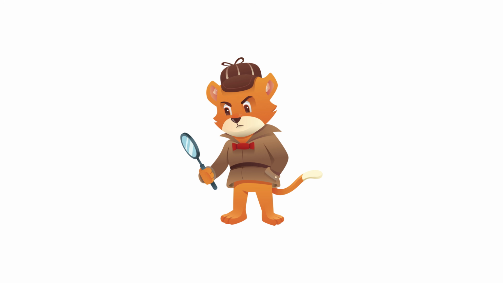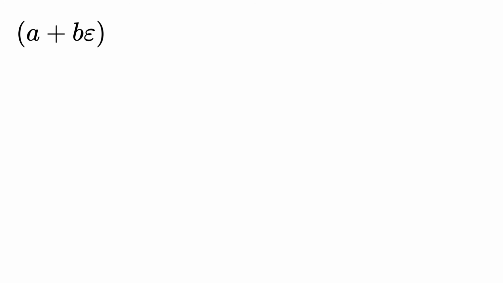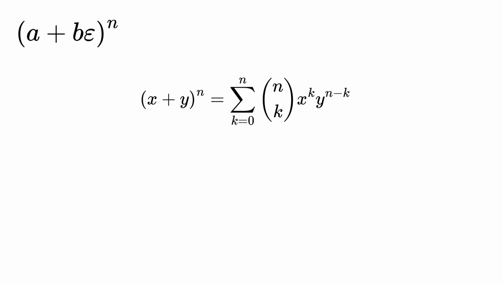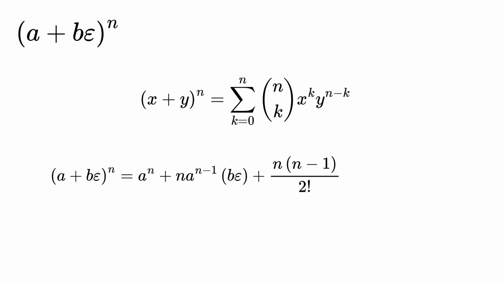Let us see why this magic works. For that, we will try to find (a plus b epsilon) to the power n. In order to find this, we use the binomial expansion, so (a plus b epsilon) whole raised to n becomes a raised to n plus n times a raised to n minus 1 times b epsilon plus n times n minus 1, divided by 2 factorial, times a raised to n minus 2 times b squared epsilon squared, and so on.